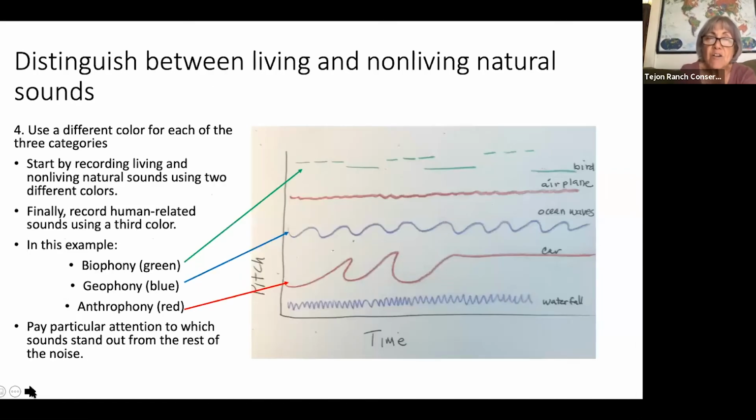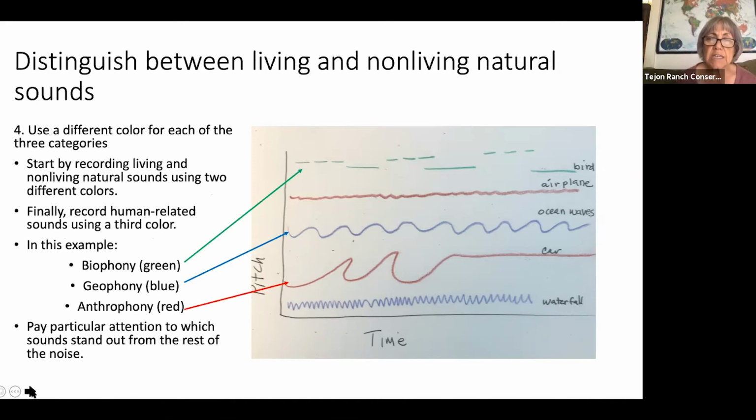And now, how do we do those three categories? The easiest way to do those three categories is choose 3 different colors to draw your graph. In this particular case, you want to start by recording only the living and non-living things, the biophony and the geophony.